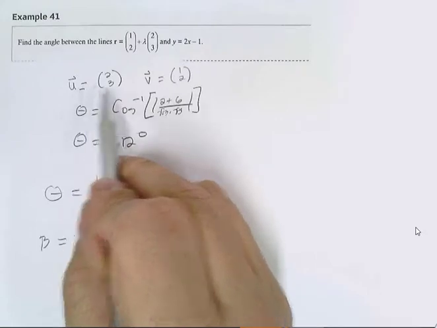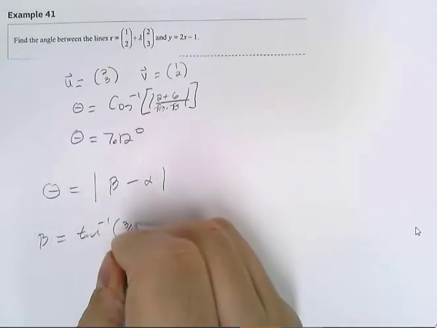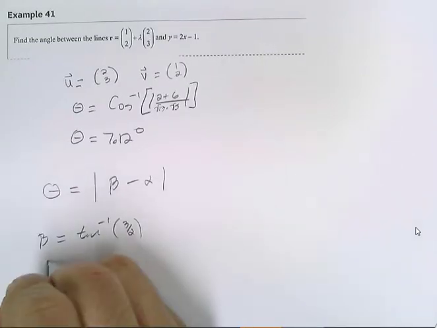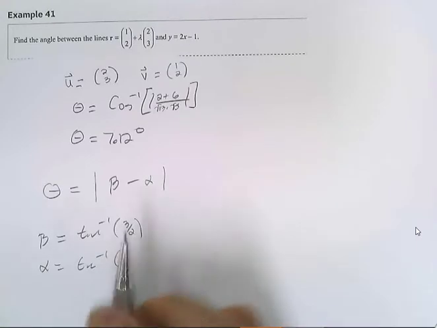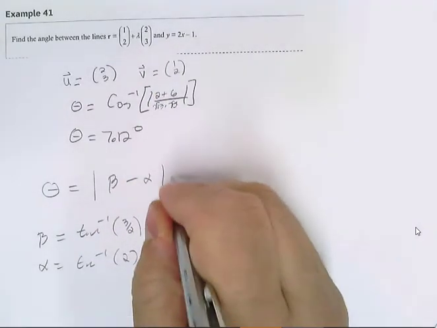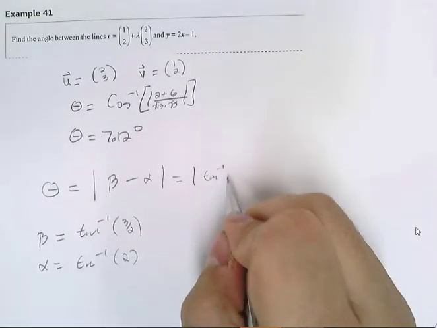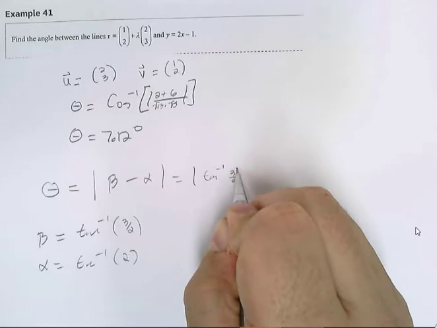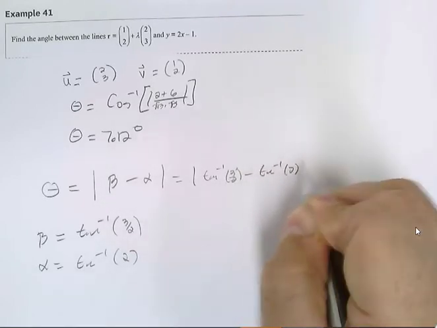This would be the rise over run, so 3/2, and then alpha would be the tan inverse of the slope, which is just 2 over here. So it'd be the absolute value of the tan inverse of 3/2 minus the tan inverse of 2.